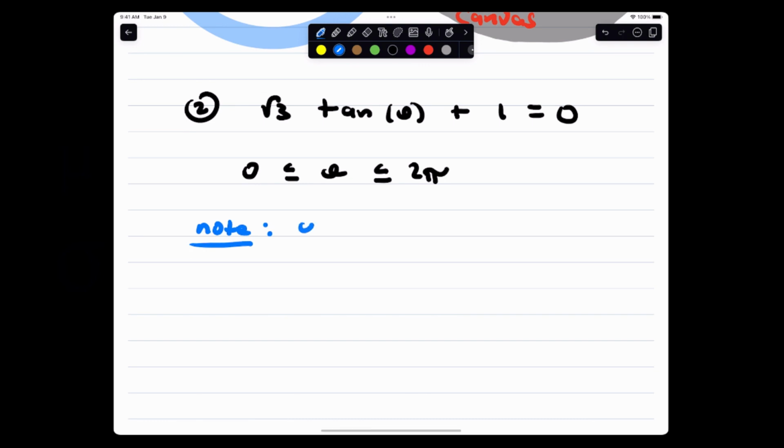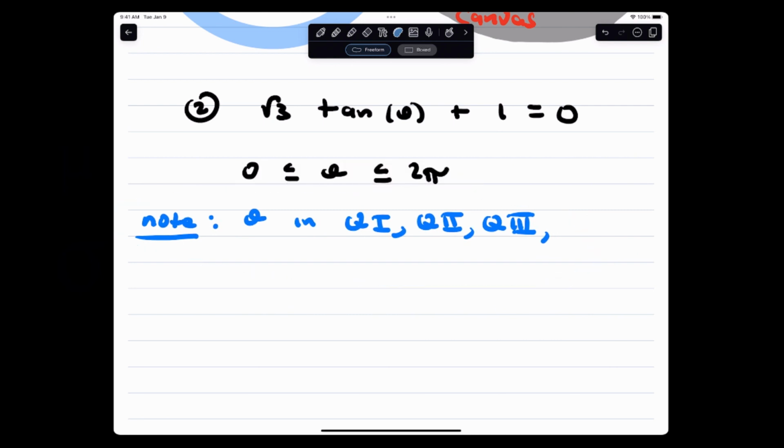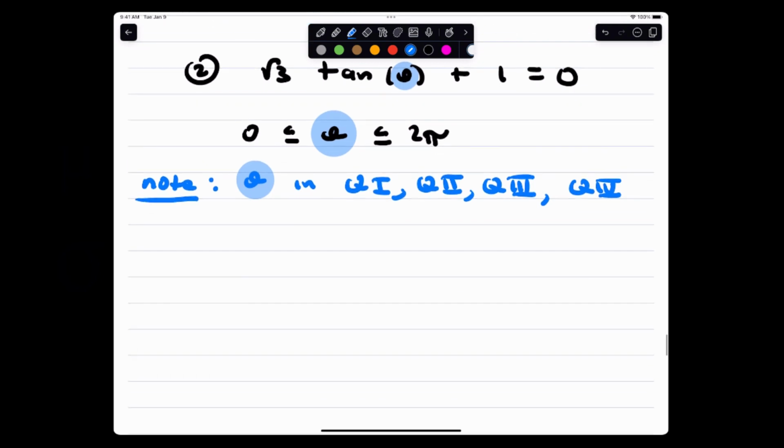It means theta is in quadrant 1, quadrant 2, quadrant 3, or quadrant 4. Okay, so that's what that means. It means theta is in these quadrants.